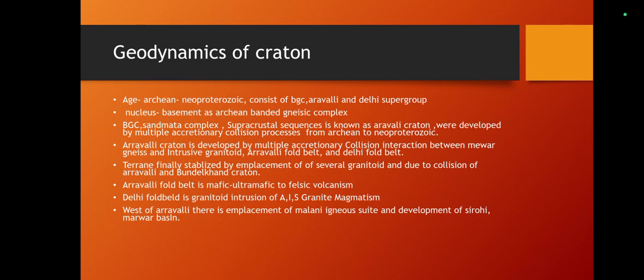Its basement is basically BGC, banded gneissic complex, basement granitic gneiss, and it consists of BGC, Arravalli, and Delhi group. That is, this whole craton consists of three major sedimentary deposits, that is BGC, Arravalli, and Delhi supergroup.